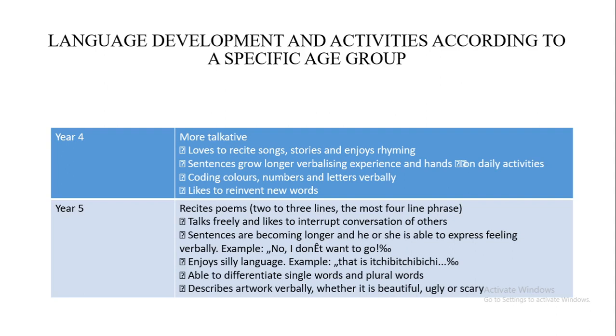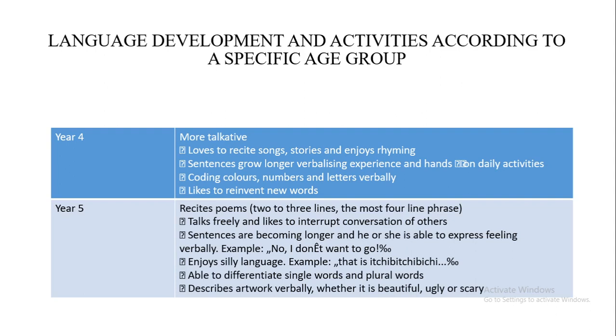We won't understand, but he has a meaning there. The child is able to differentiate single and plural words, and also describe artwork verbally, whether it is beautiful, ugly, or scary.